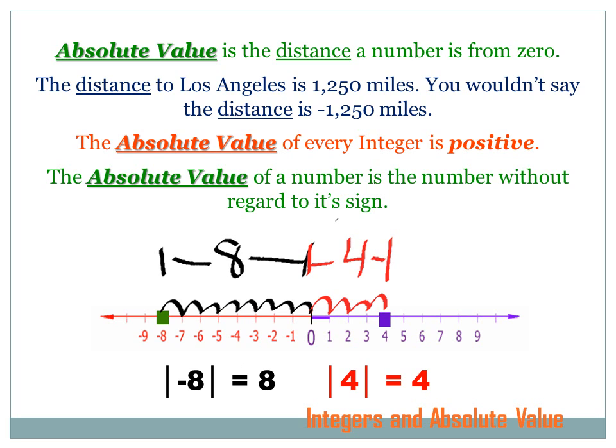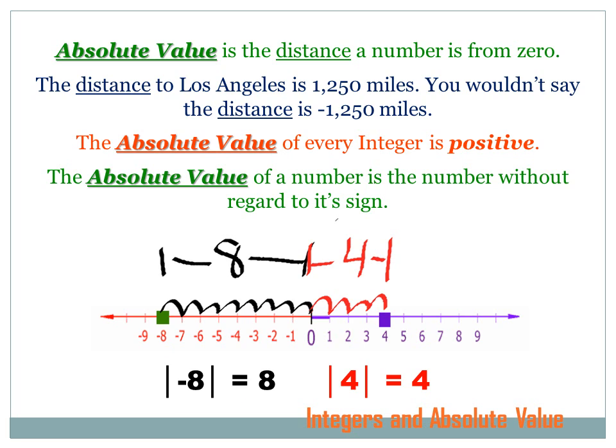If we had a positive number, like +4, and we wanted the absolute value, we'd find the distance of 4 from 0, and it's 1, 2, 3, 4. So the absolute value of +4 is 4. The absolute value of -8 is 8.